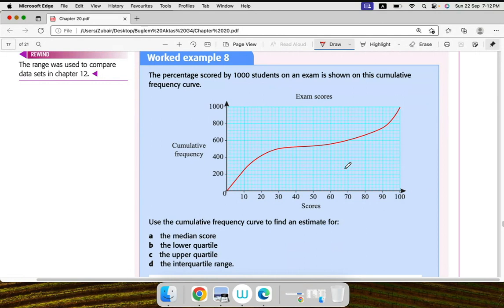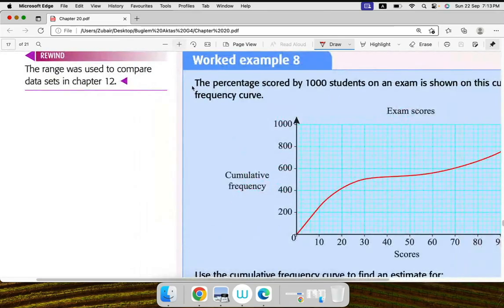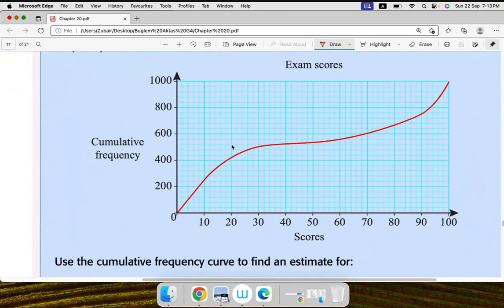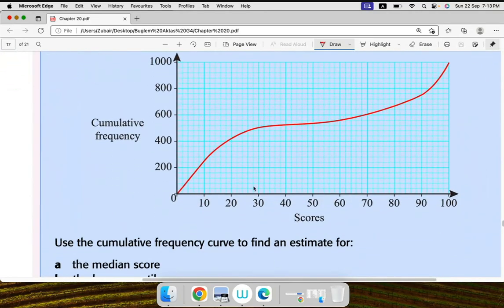Let's look at this worked example. The percentage scored by 1,000 students on an exam is shown in this cumulative frequency curve. Use the cumulative frequency curve to find the estimate for the median score. Now, where do I strike a line for the median score? 500. It is exactly between these two.